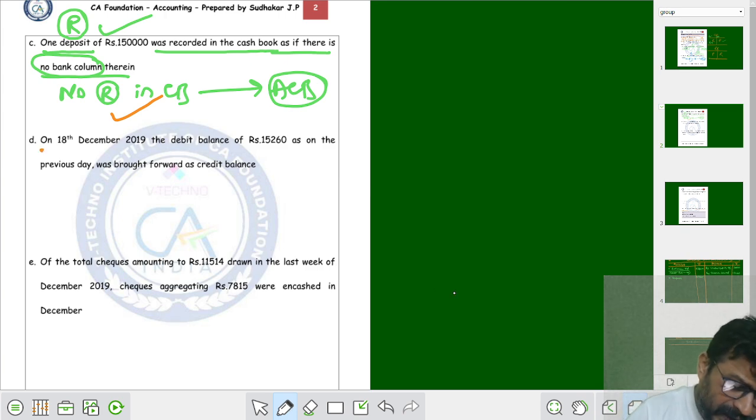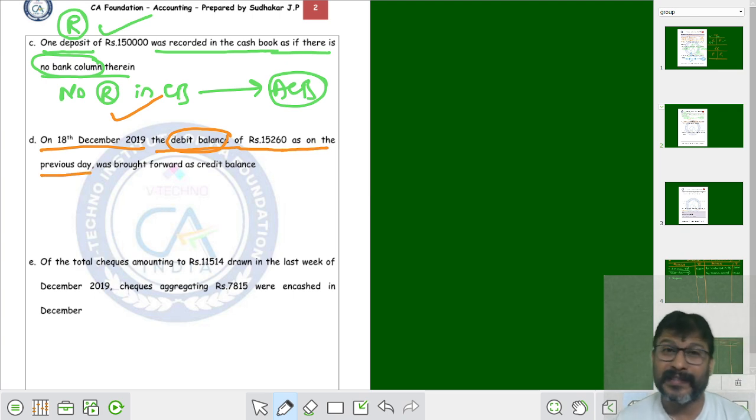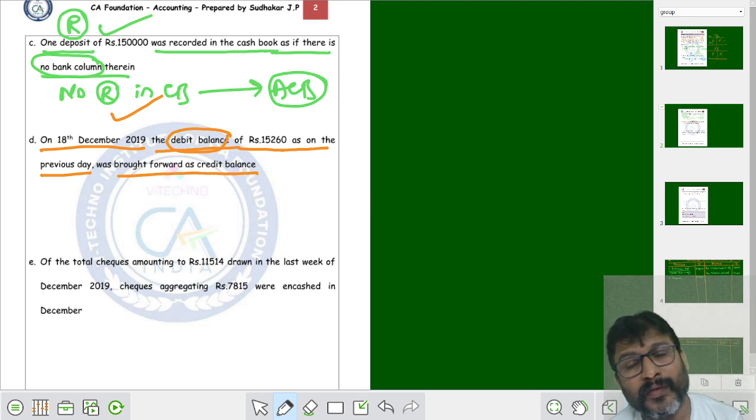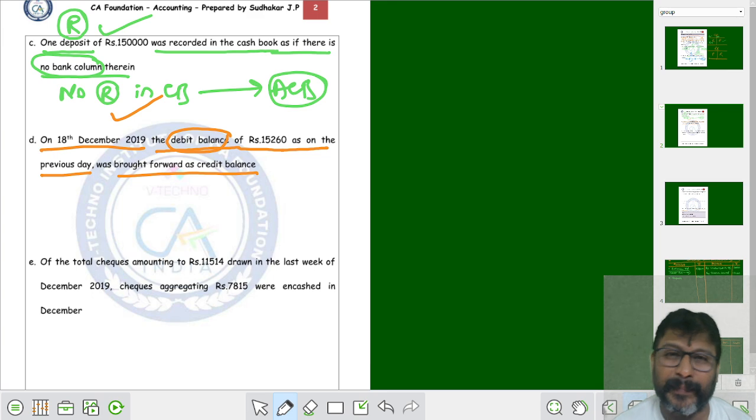On 18th December 2019, means within the period. Debit balance. Which balance is it? Debit balance, 15,260, as on the previous day. What day is it? Previous day. Brought forward as a credit balance. Where is it being taken? Credit balance. So it was supposed to be taken on the debit side.